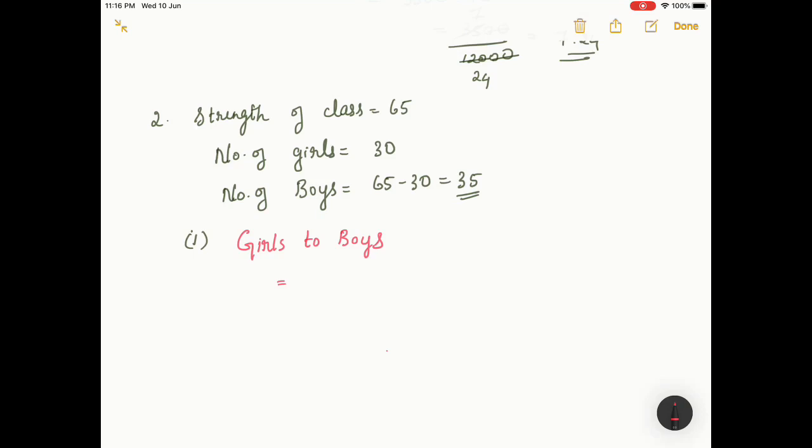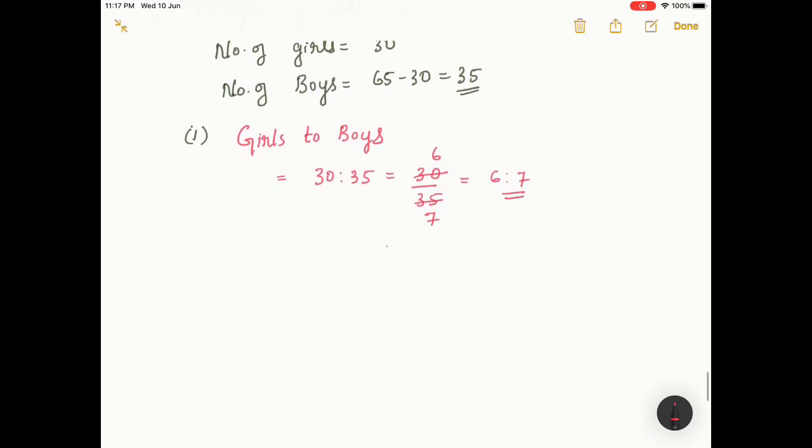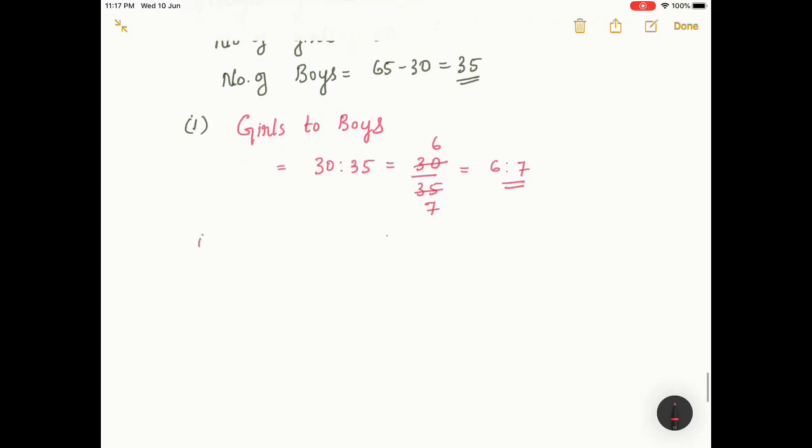Number of girls is given as 30. So 30 is to 35. That is equal to 30 by 35. So you get 5 sixes are 30 and 5 sevens are 35. So you get the answer as 6 is to 7. Now look at the second sub question. What is the second sub question given to us? Have a look at the book.